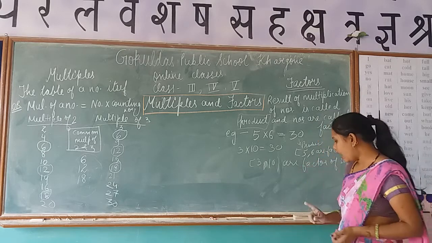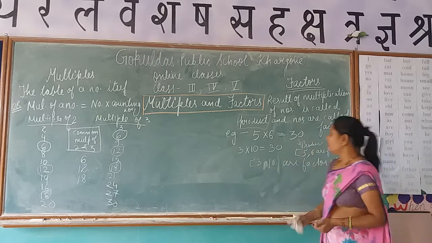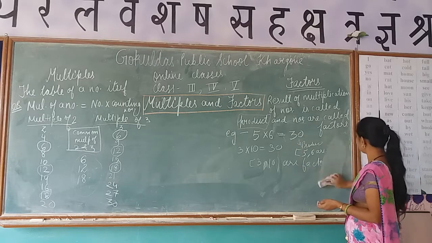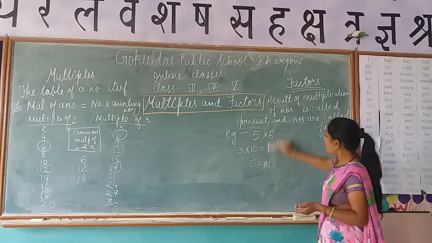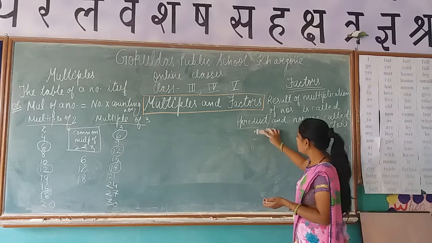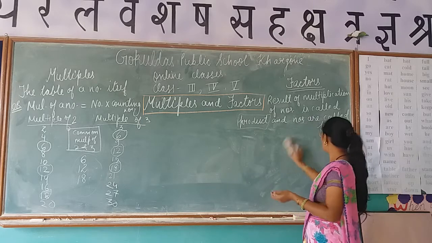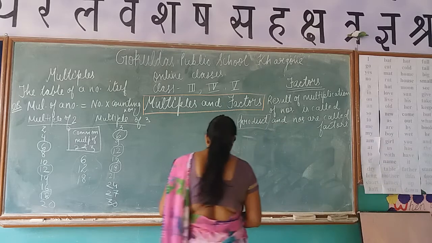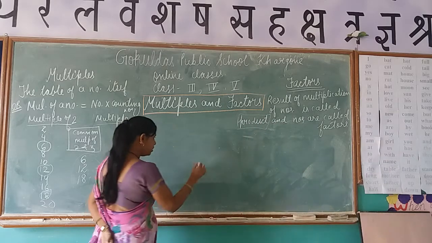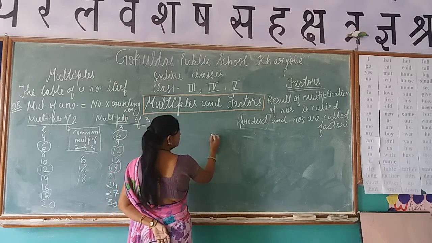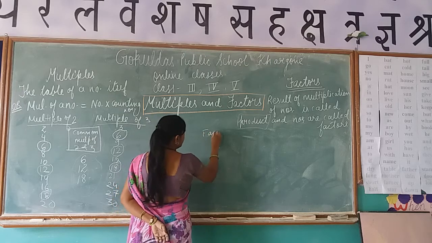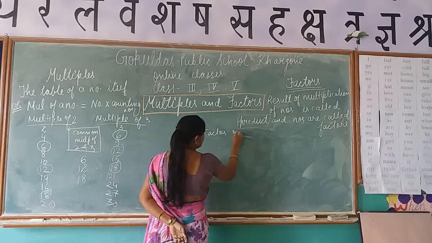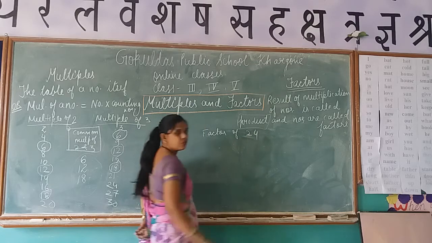Okay, now I will solve one question so that you will understand more clearly how to find the factors and how to find the common factors. Suppose I am writing here one question: I am finding the factors of 24.